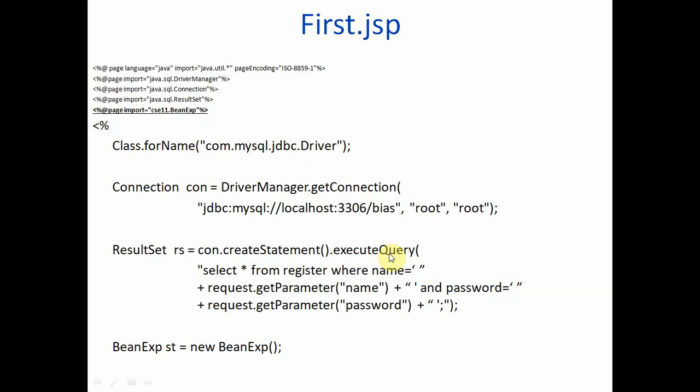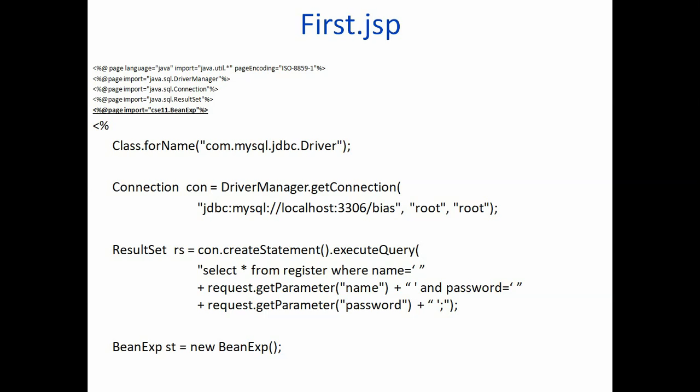In this JSP program we are importing that BeanExample class, and now we are doing database connectivity in the first JSP program. For database connectivity, the first statement is Class.forName, then the driver configuration, com.mysql.jdbc.Driver, and second is Connection con equals DriverManager.getConnection, and inside the brackets we write jdbc:mysql://localhost, because we are connecting on the same computer.